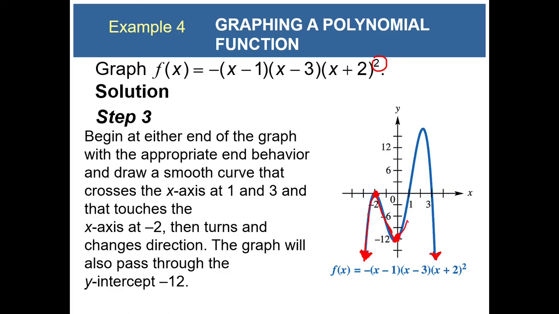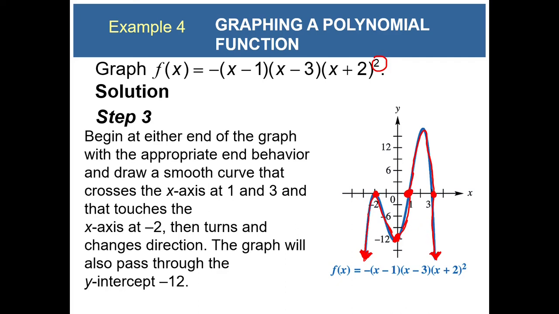And then at the zero x equals 1, we know I must shoot through it because the multiplicity is 1. And at some point it must make a turn, and we must shoot through the zero x equals 3. And of course our tail heads downward as we go to the right.